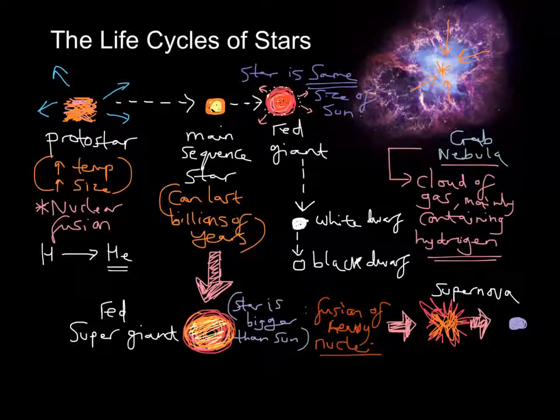I'll just put that in place there. This is our neutron star. So just to reiterate, it's the core of the red supergiant that after the supernova gets crushed down because of gravity, and it comes into this very, very dense body that's spinning and rotating very, very quickly.